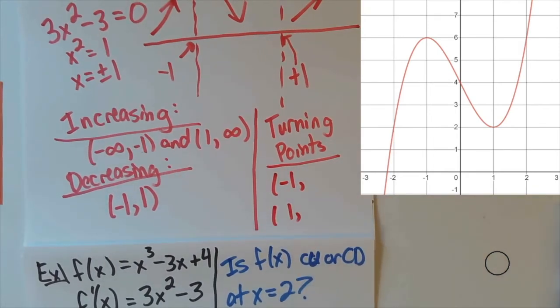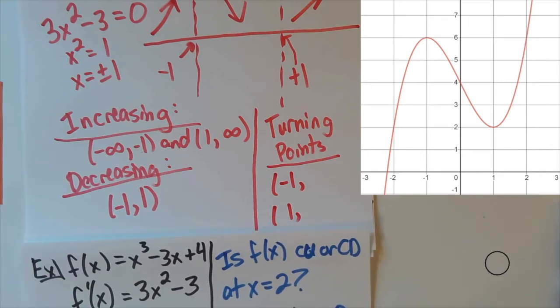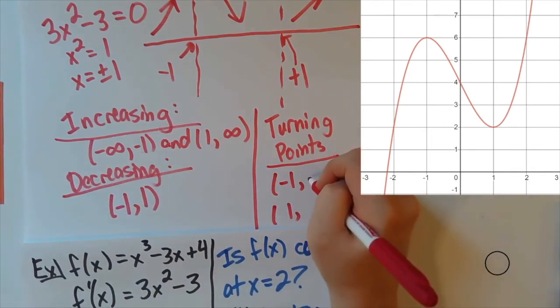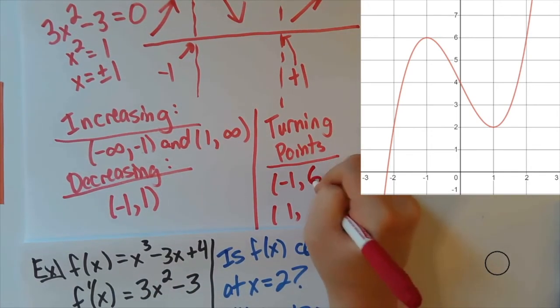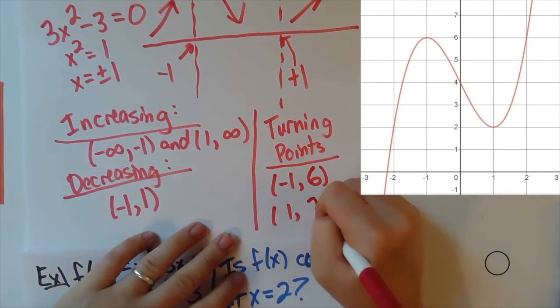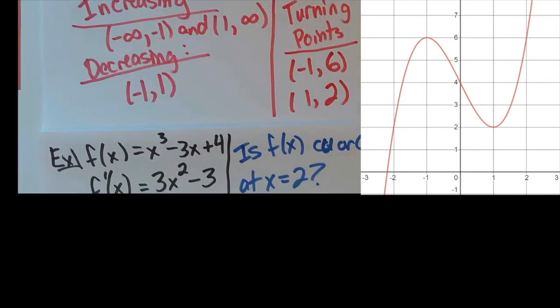And then to get the y values, I come back up here to the original function. I put in -1 here, and so I get -1 plus 3 plus 4, so that will be -1, 6. And then I put 1 into the original function, and so I'll get 1 minus 3 is -2 plus 4 is +2.